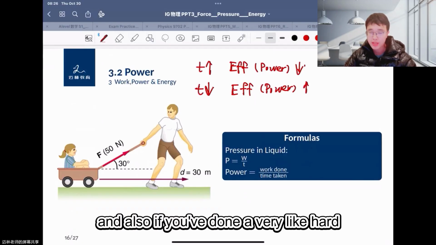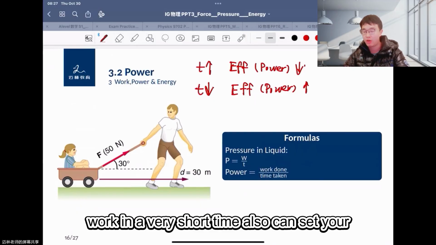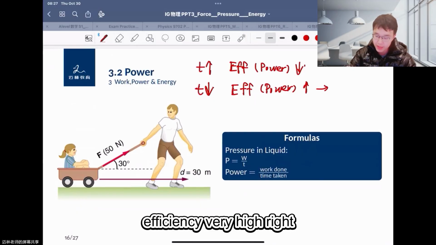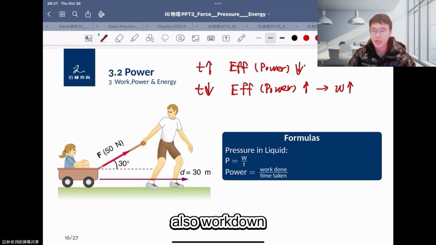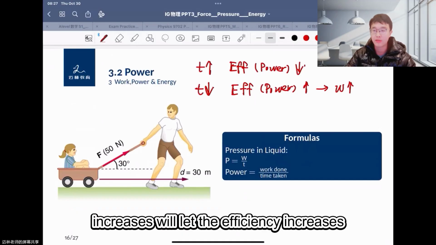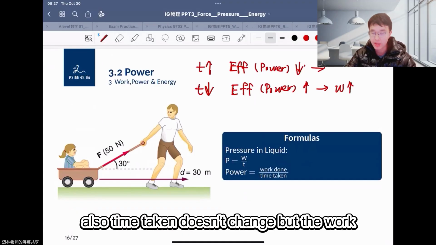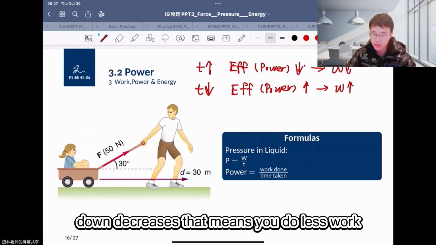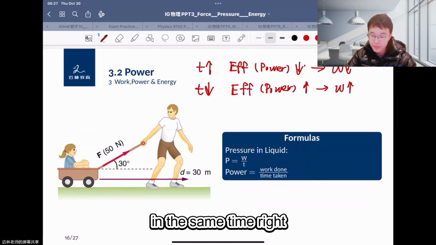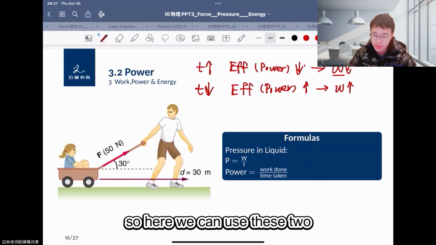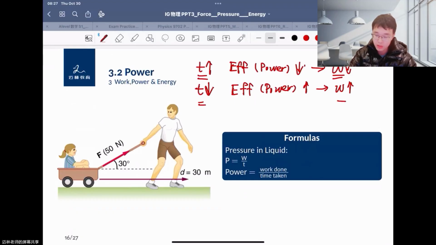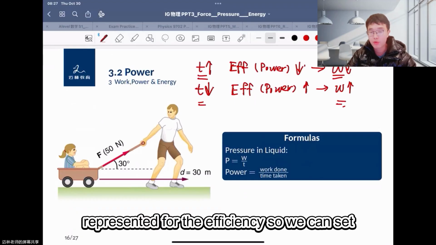Okay, and also if you've done very hard work in a very short time, you can say your efficiency is very high, right? So also when work done increases, the efficiency increases. Also, if the time taken doesn't change but the work done decreases, that means you do less work in the same time, right? So here we can use these two quantities to represent efficiency.